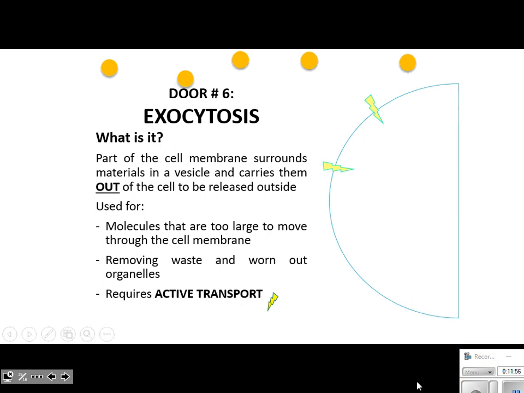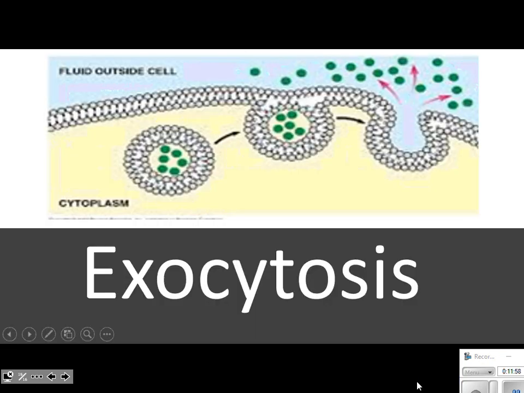Here is the diagram that you have in your flip book. So we can see, here is a vesicle. It is carrying these green dots. Let's say these green dots are waste particles that we want to take out of the cell. They're too big to pass through the phospholipid bilayer.